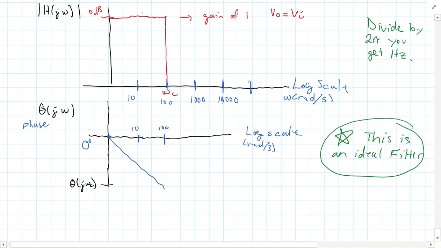A gain of 1 just means that the output voltage is equal to the input voltage. And then abruptly we drop down to essentially negative infinity, which means that none of the frequencies above 100 rads per second are passed through. So this is absolutely an ideal filter. And just to go back to our definitions, this would be my pass band, and this would be my stop band.